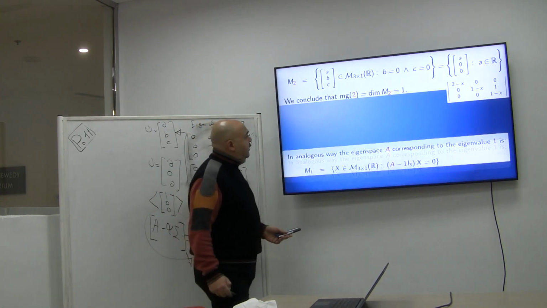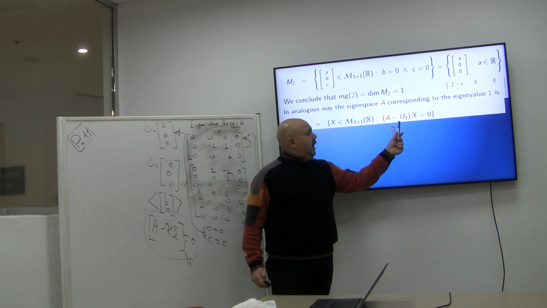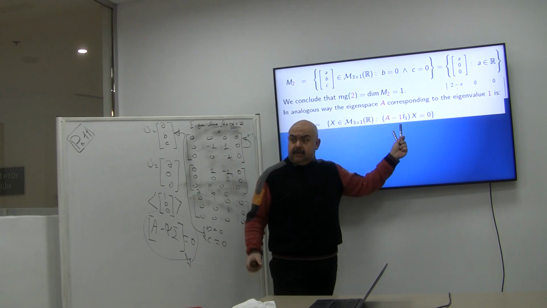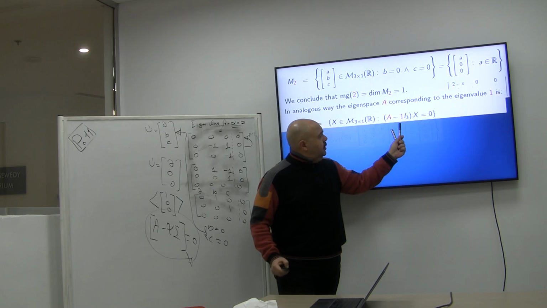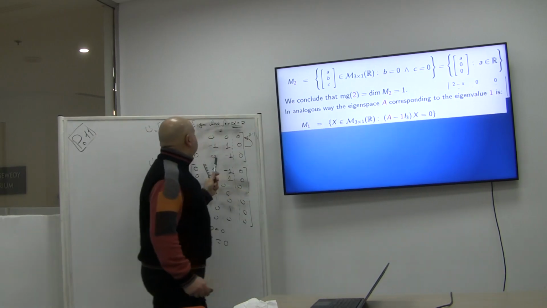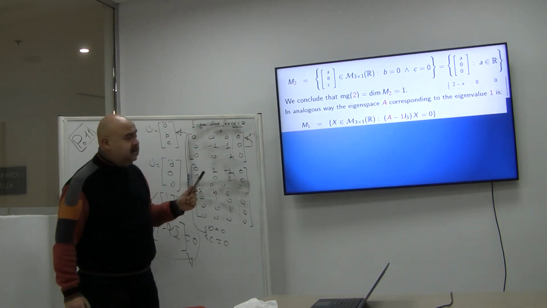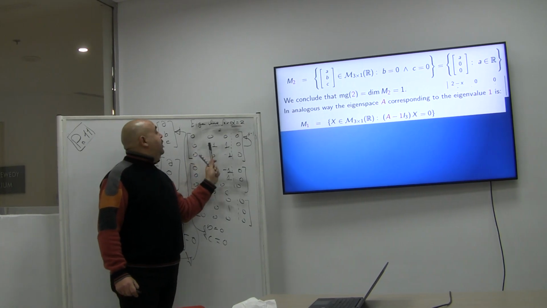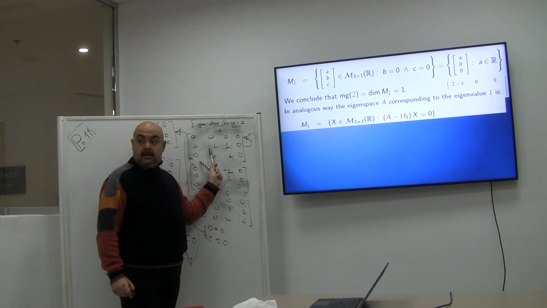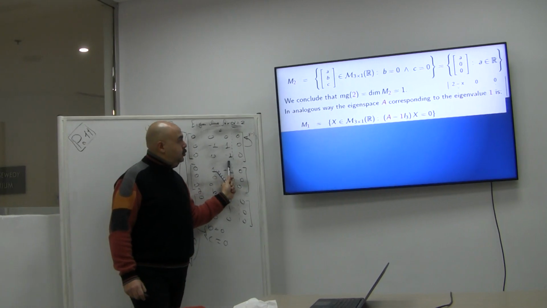Similarly, if I want to use alpha equal 1, I will make exactly the same substitution in the A matrix, but instead I will have 2 minus 1, then 1 minus 1, and in a similar manner, 1 minus 1.